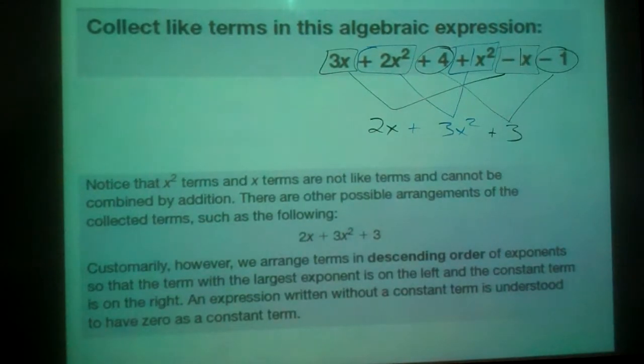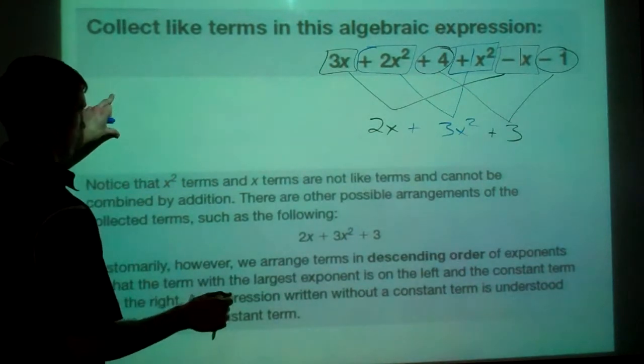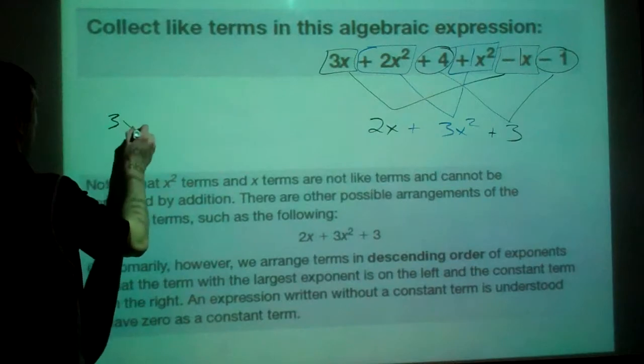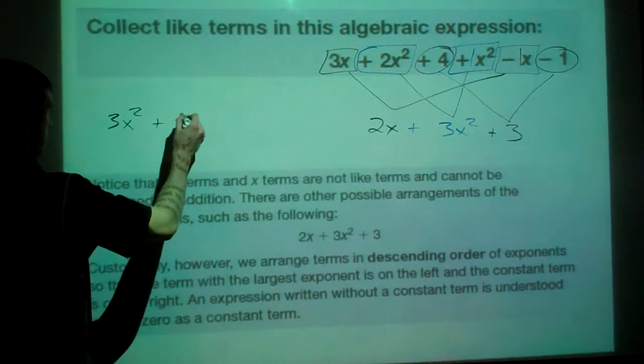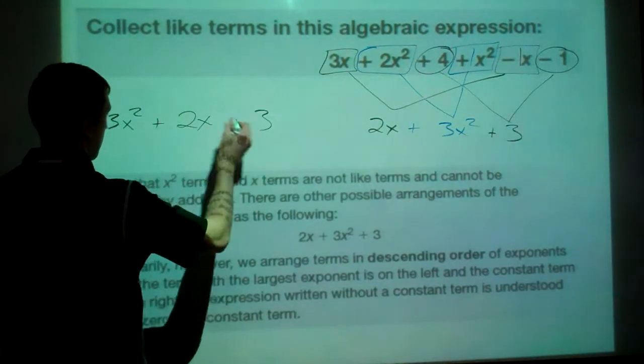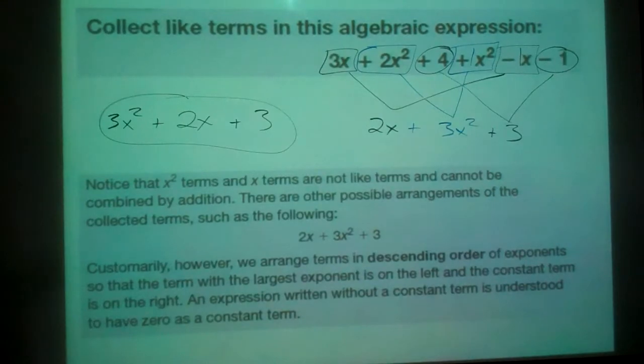An expression written without a constant term is understood to have a 0 as a constant term. Because obviously if you add 0 to something, it's not going to change it. But to follow the customary way to do this, we put the highest degree on the left going down to the lowest degree. So 3x squared, that's a second degree, plus 2x, first degree, plus 3 with our constant. So that's how we would write it normally.